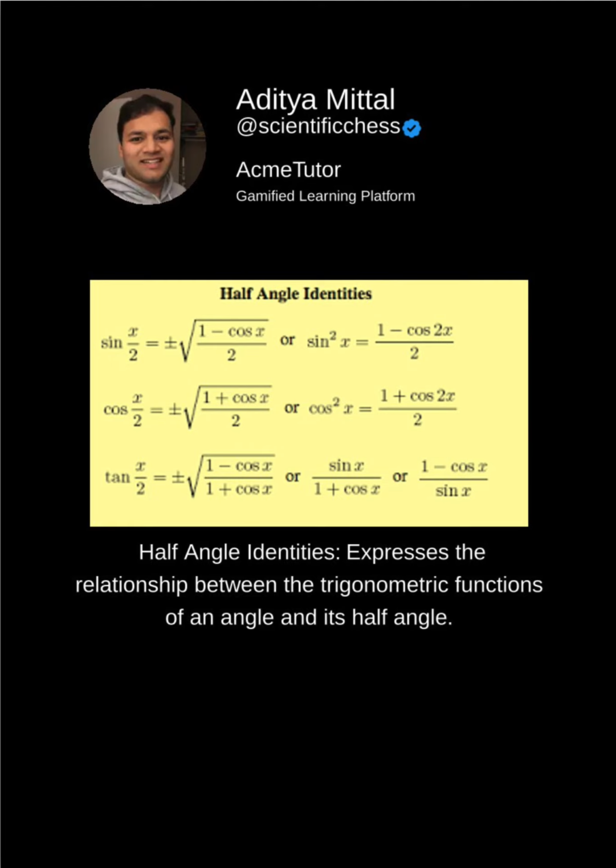So here you can see the tangent of x over 2 is basically sine of x over 2 divided by the cosine of x over 2. Okay, and then if you square both sides, then you can also get the other version of the same, where you have sine squared of x.